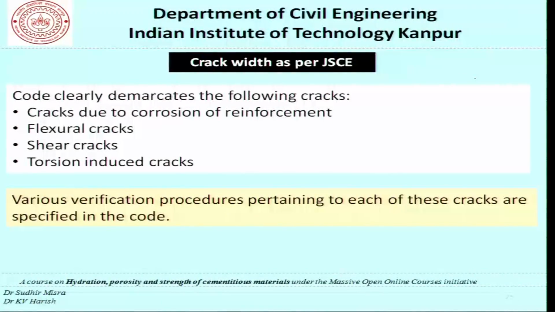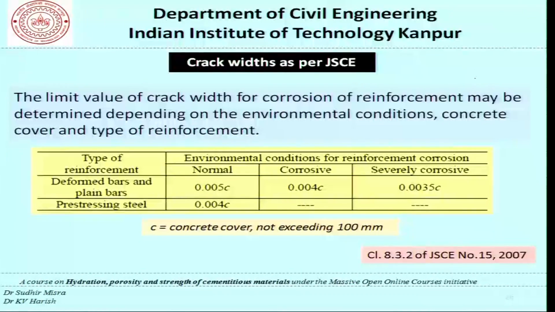As far as the JSCE is concerned, the code clearly demarcates the following cracks, that is cracks due to corrosion of reinforcement, flexural cracks, shear and torsion, and various verification procedures pertaining to each of these cracks have been specified in the code. And the crack widths given are listed in this table for different types of reinforcement that is used, and the environmental condition.